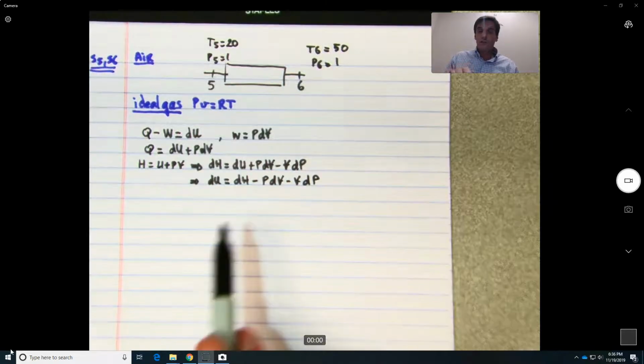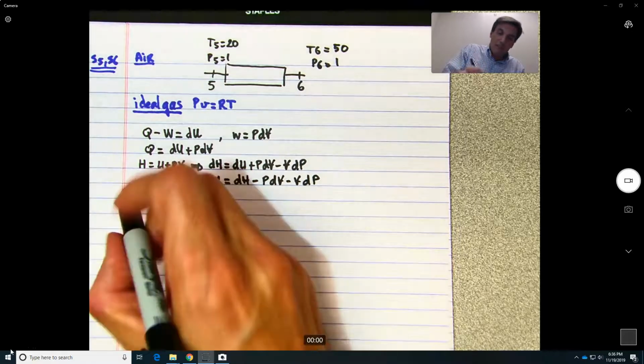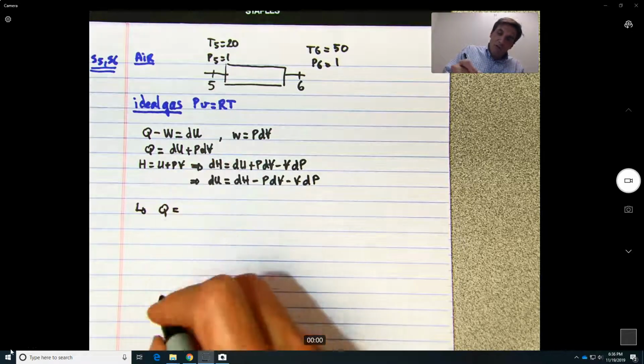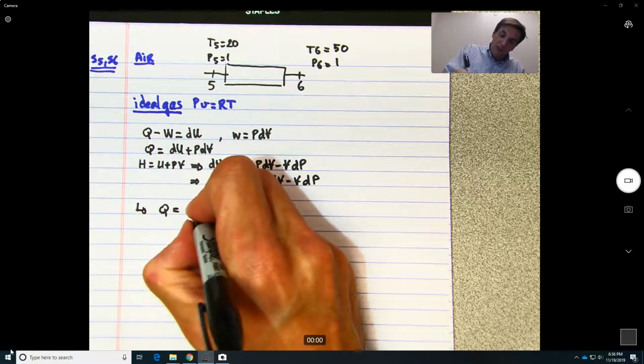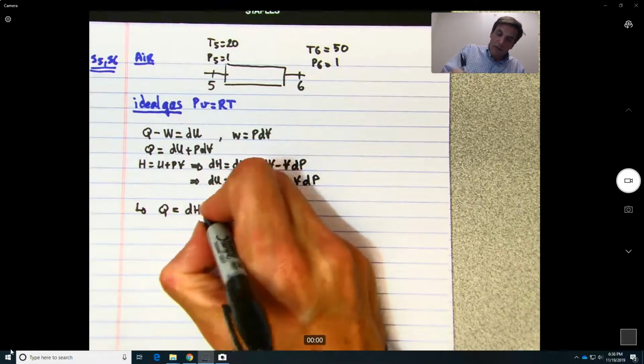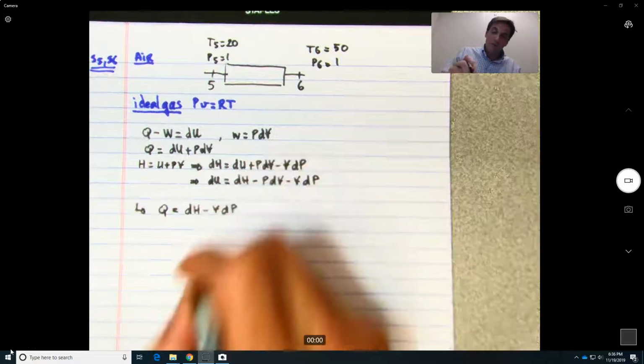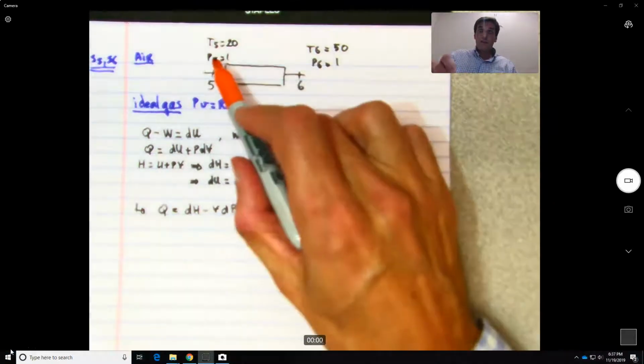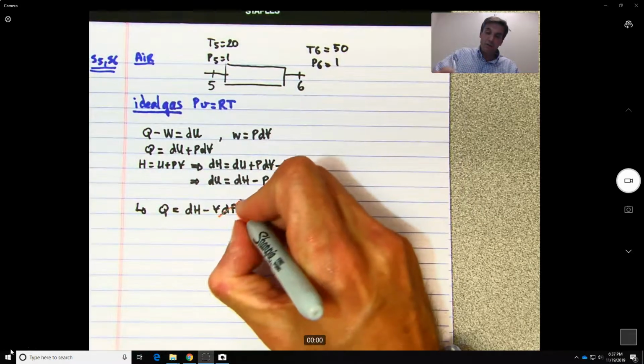So if I substitute this equation in here, what do you get? Q will be equal to dH minus V dP. But in this problem, what do we know? Pressure is constant, so that means that dP will be 0.